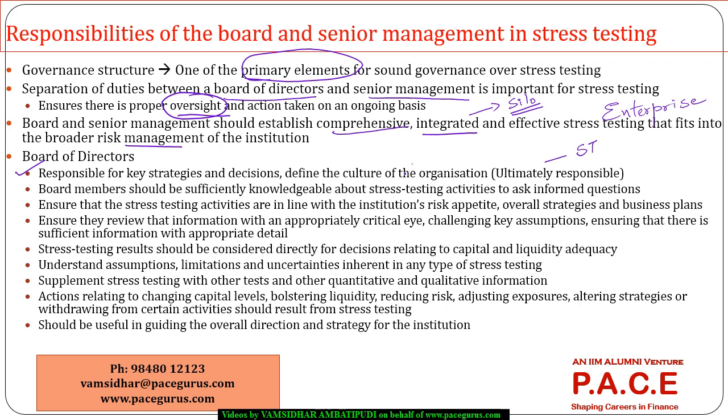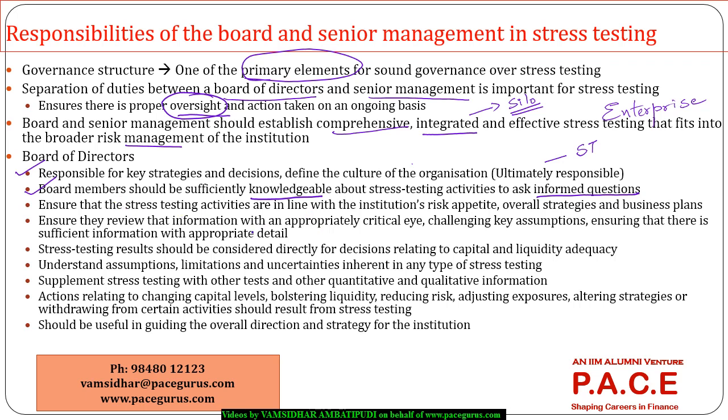So the risk culture, etc., everything needs to be defined by the board of directors. So they should be sufficiently knowledgeable about stress testing activities, not that they will sit and perform those activities, but to ask informed questions. So they should be aware of the entire process of stress testing to the core.